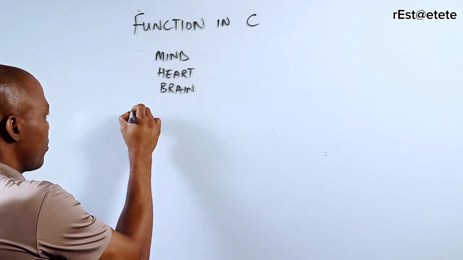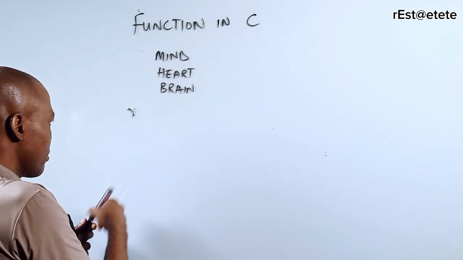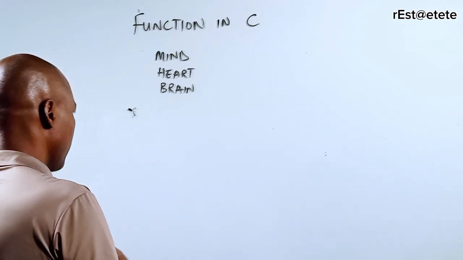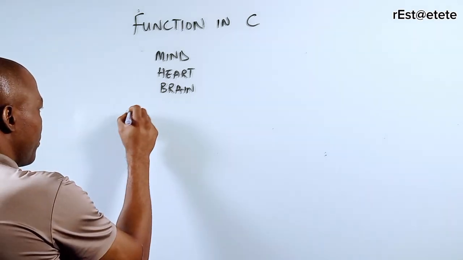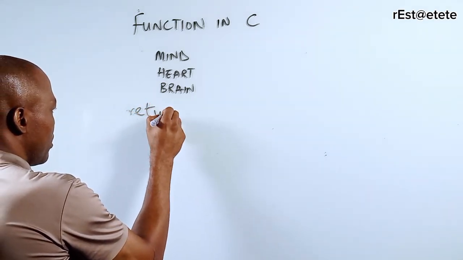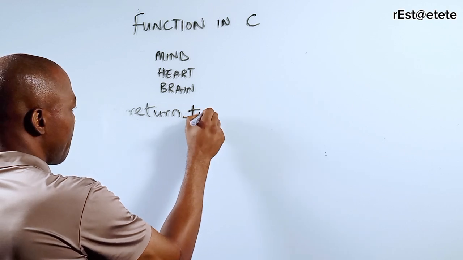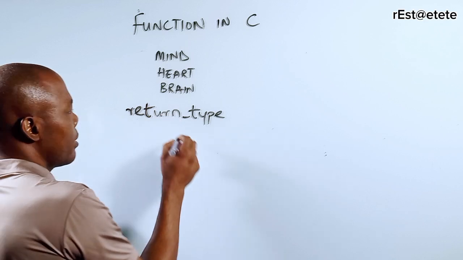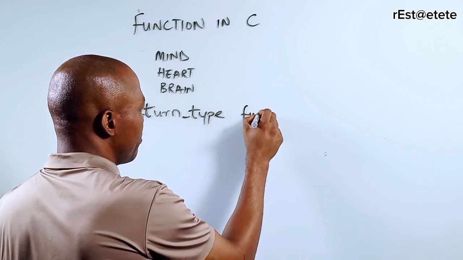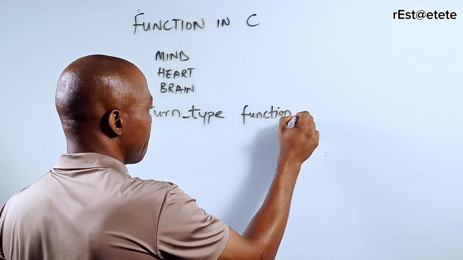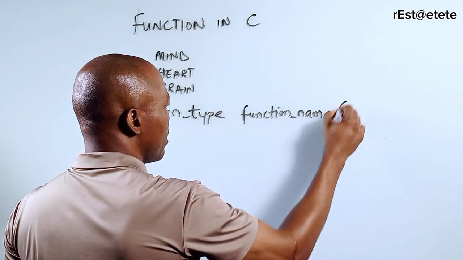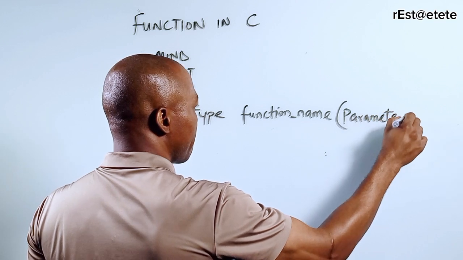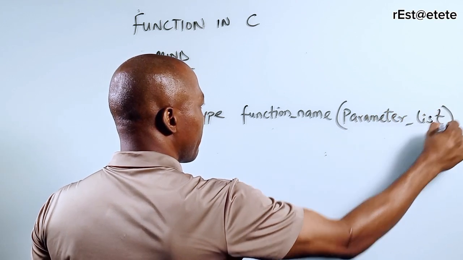First, we have return type, we have function name, then we have parameter list, right?